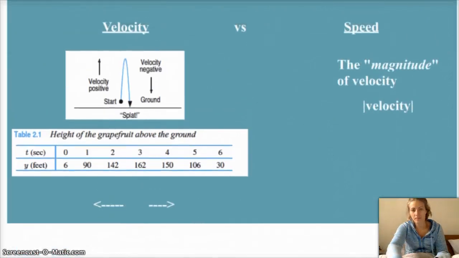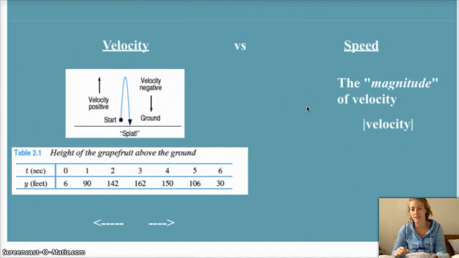So there is a big difference between velocity and speed. You probably have heard both of them used interchangeably, but velocity and speed both measure the rate at which something is moving. But speed is always the distance that you traveled divided by the time it took you to travel there.